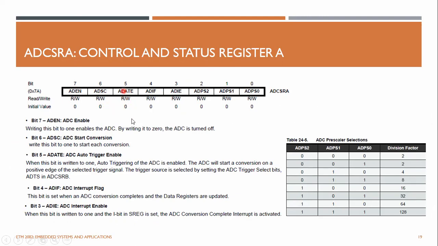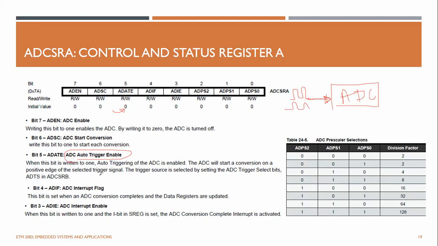That is one method. Sometimes you can start the conversion by an external source, an external auto trigger, like a clock or an interrupt or something like that. That is sometimes useful.